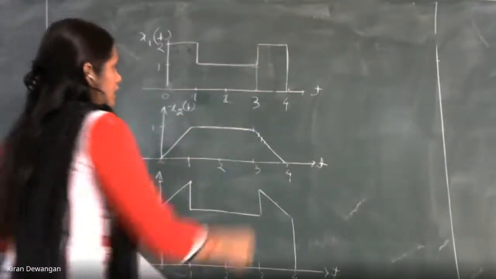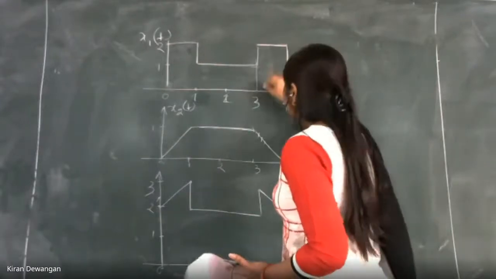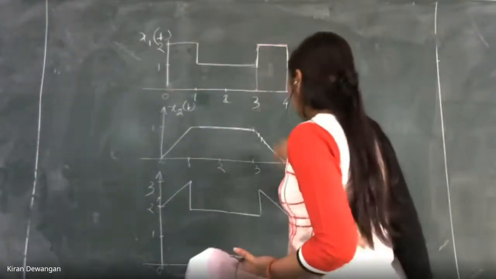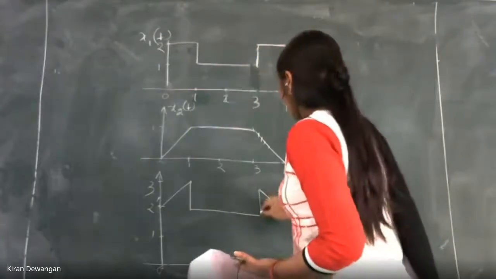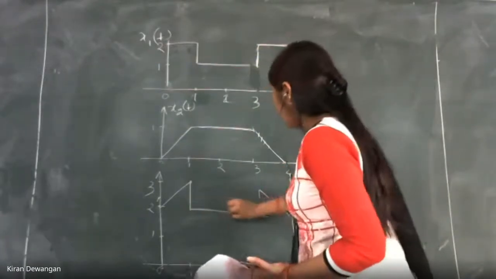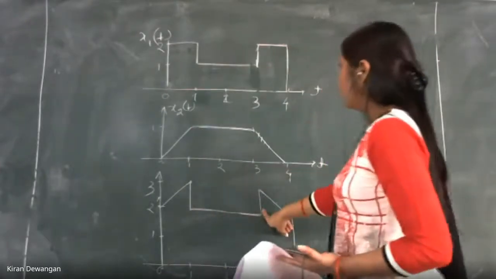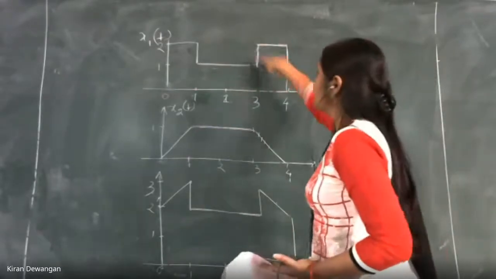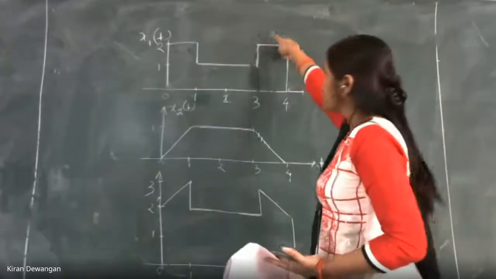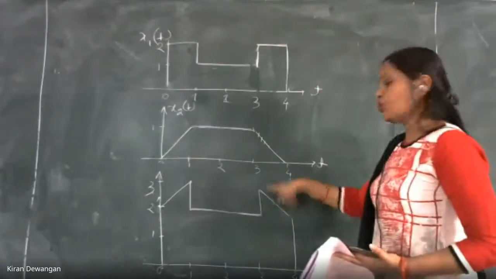Now till 3 it is 2. At this point it starts to increase, okay? So when it increases, here also it will stay at 2 till here, because this is 1 and this is 1, so 1 plus 1 will be 2. But suddenly it is rising to 2, meaning it goes from 1 to 2, so that also gets added. So this will also rise from 2 to 3.